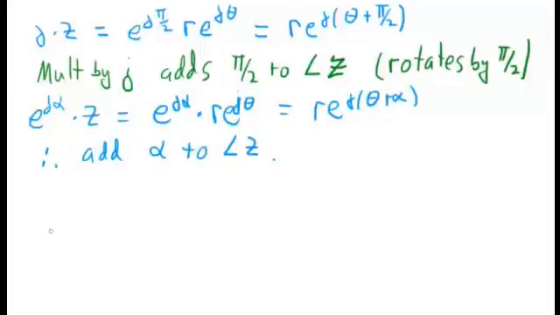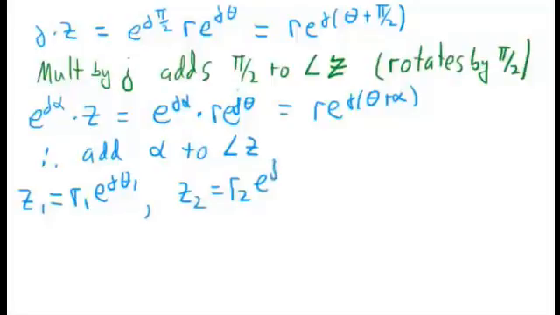Finally, let's do arbitrary multiplication and division using polar coordinates. We'll take an arbitrary number z1 and we can write it in polar form as r1 e to the j theta 1, and an arbitrary number z2, which we can write as r2 e to the j theta 2, perfectly arbitrary r1 and r2. If we multiply these two things together, we get z1 times z2 equals, I won't write it out, but see what you get.